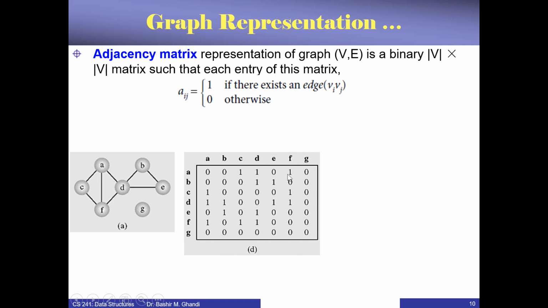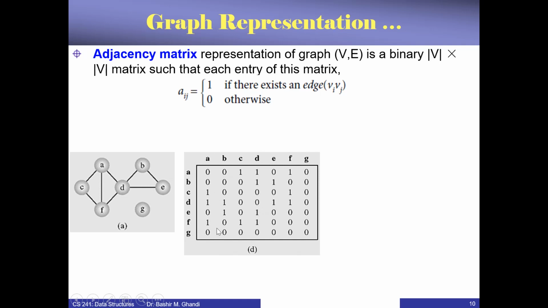So we put 1 against those, and zeros against all others. Similarly, when you go to row B, you only put 1 for the edges that exist. So there is BD and BE, as you can see here.